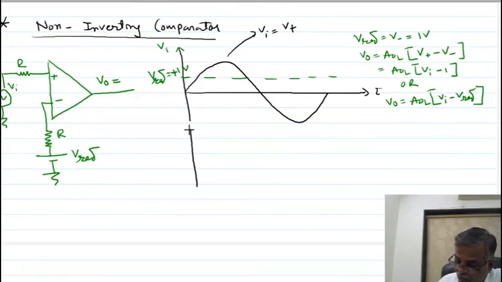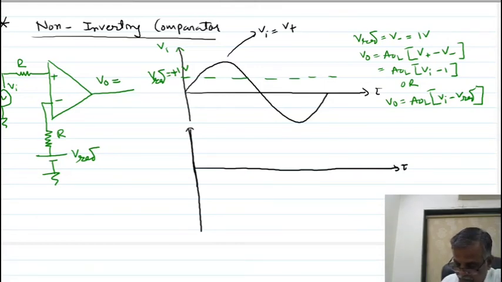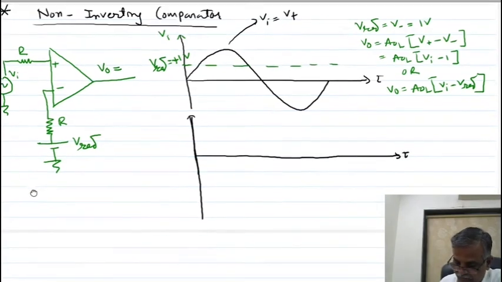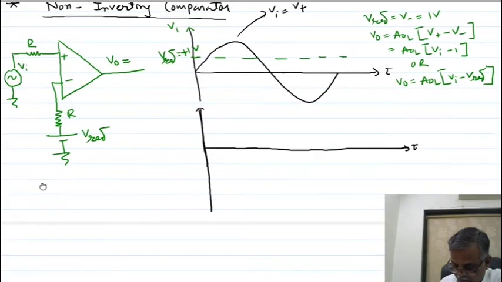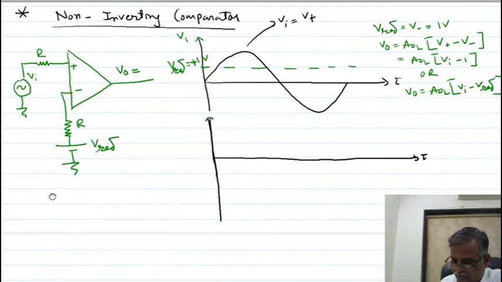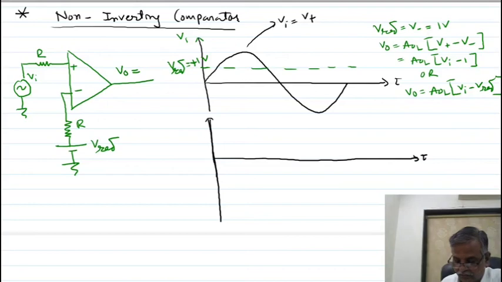Now I am drawing my output voltage. See, this is your input Vi.